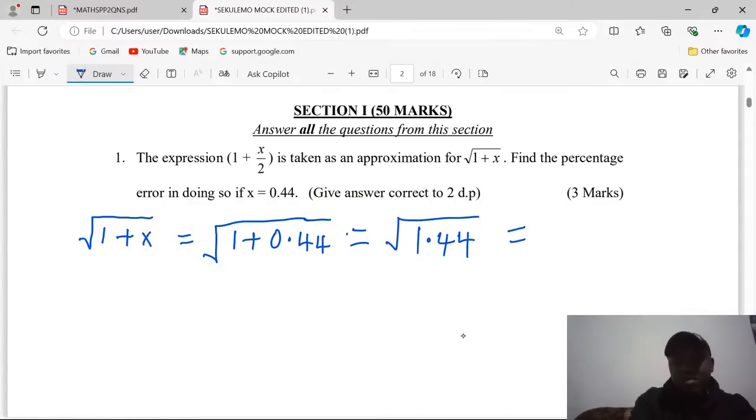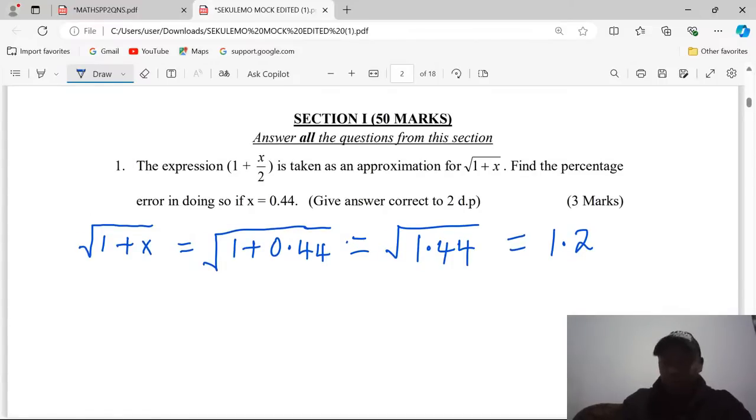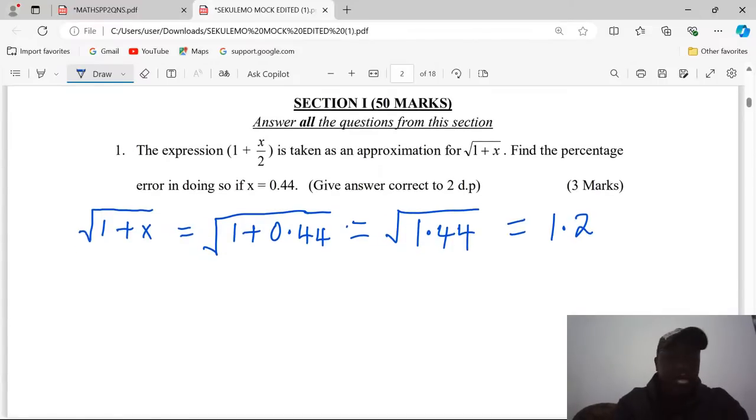Remember, the square root of 1.44 is 1.2. The positive square root, of course, because we are dealing with a quantity here, because errors are taken on measurements. And with measurements, you cannot start saying that the square root is either positive or negative. Even if it is true, we stick to the positive square root of the value.